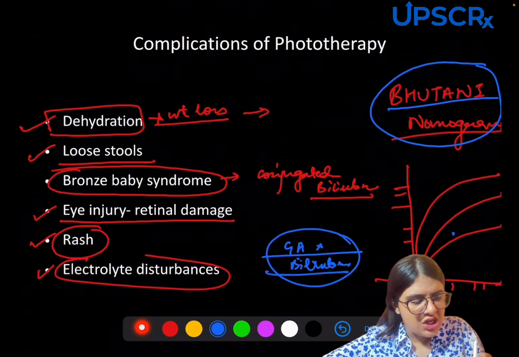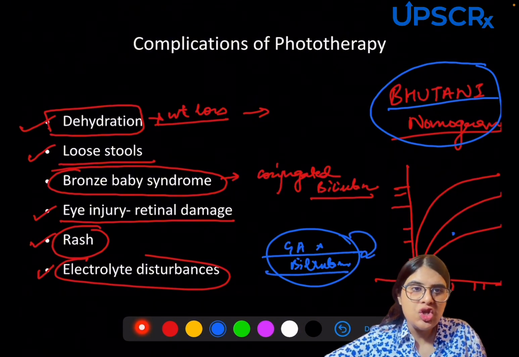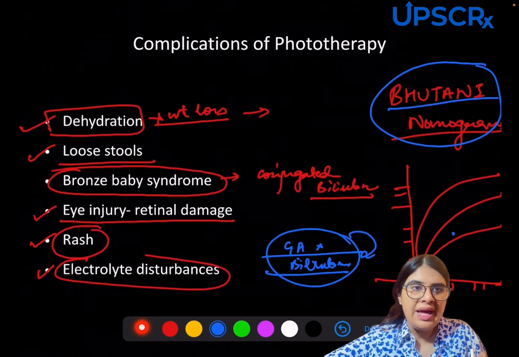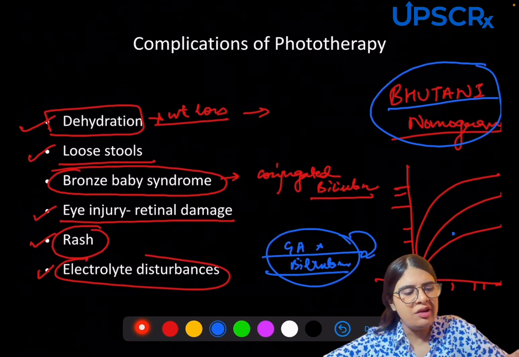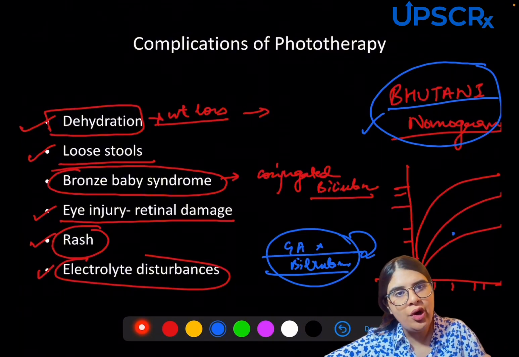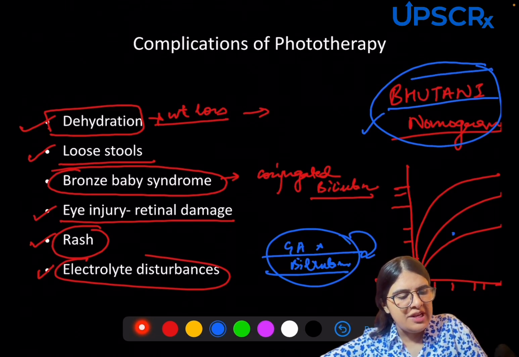So based on gestational age, what should be the bilirubin level is given on this graph. And then you will just check corresponding to the gestational age. If the bilirubin level exceeds the phototherapy limit, then you will give phototherapy. If it exceeds the exchange transfusion limit, then you will go for exchange transfusion. Okay. So that is based on Bhutani nomogram.